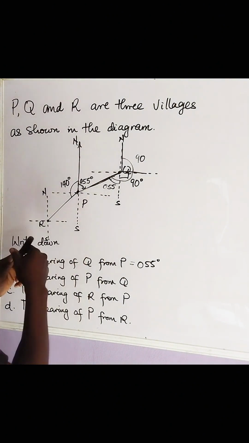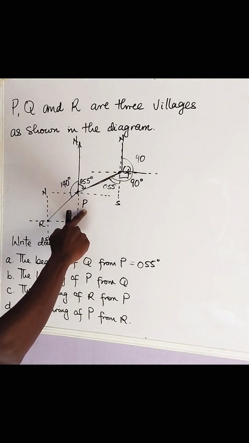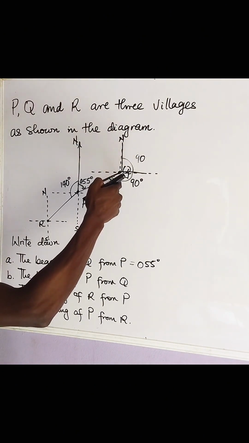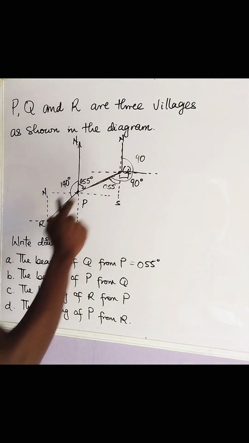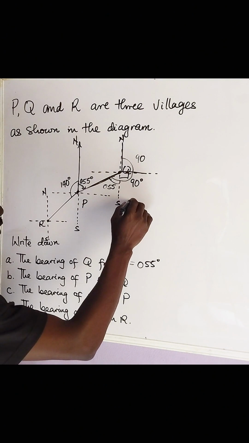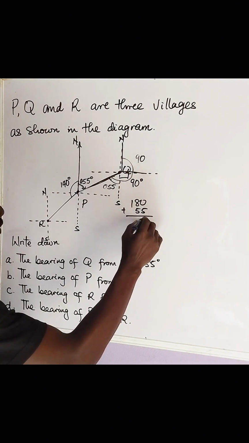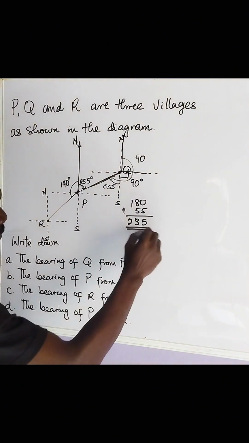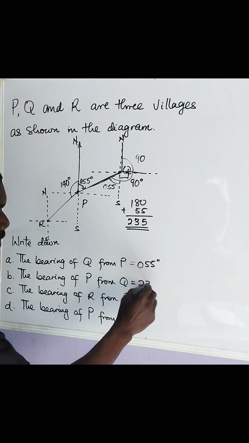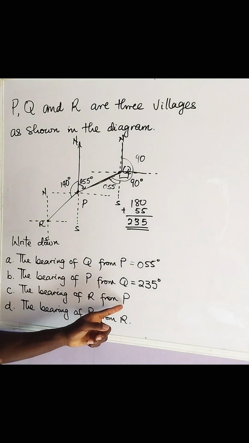The total angle, the angular distance of P from Q, will now be 90 plus 90 plus 55. So here we have 180 plus 55, which equals 235 degrees.